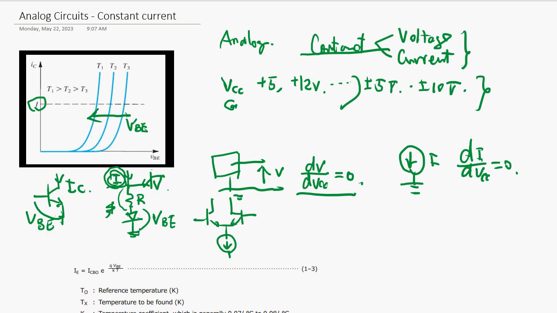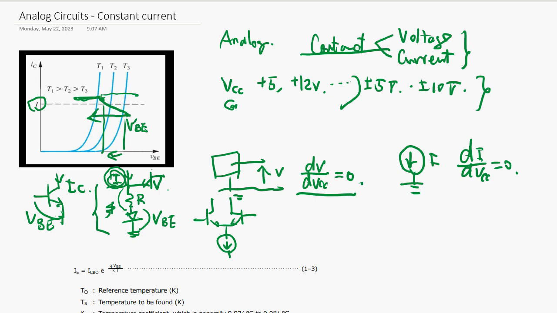In this graph, when temperature changes from T3 to T1, the IC current is slightly more, but VBE is still less. So constant voltage doesn't mean constant current can be provided easily.